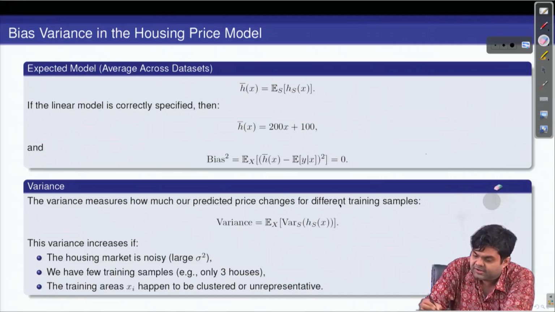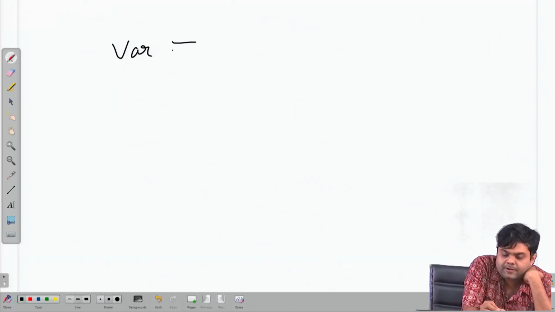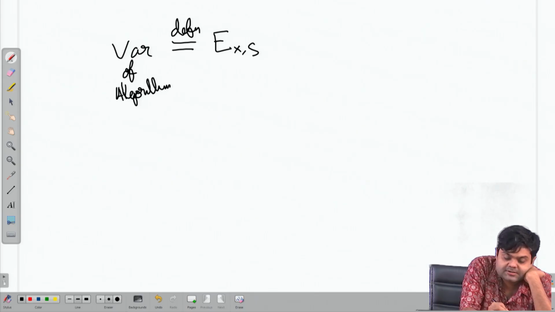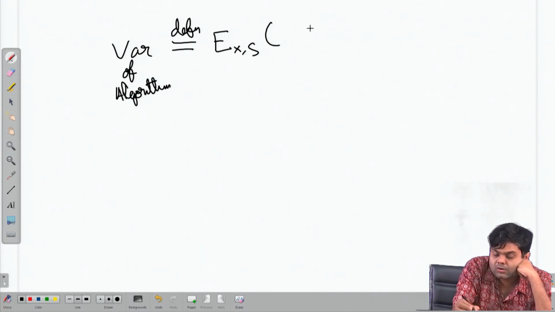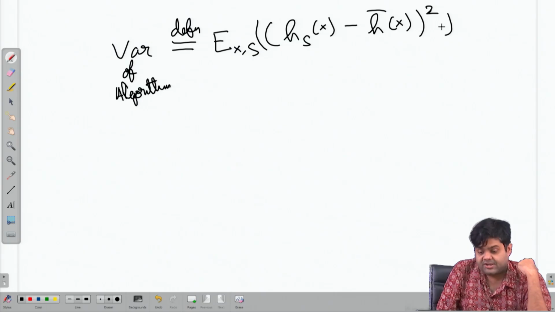Let me explain on a cleaner paper. Variance by definition was the expected value, with respect to the algorithm, of your specific prediction minus the average prediction, squared.